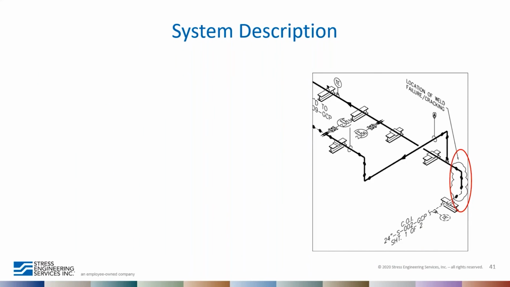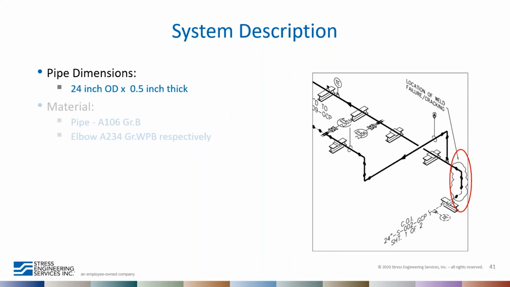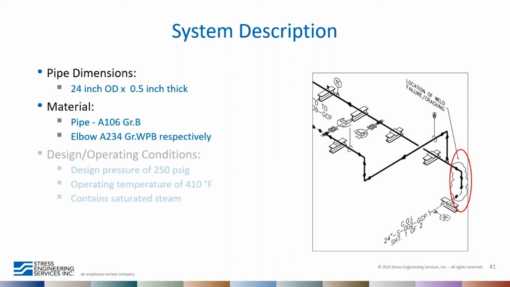And this is what the system looks like overall. It's a piping system at a plant. The pipe OD is 24 inches with a 1/2 inch wall. And the pipe is made of A106 material with elbows made of A234.